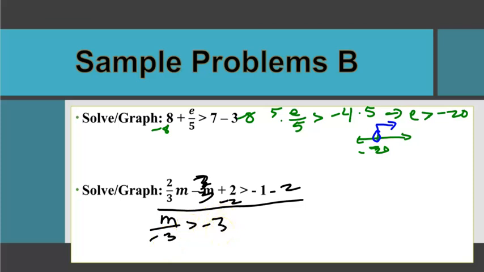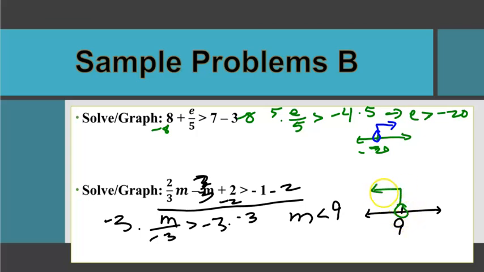Now the opposite of dividing by negative 3 is multiplying by negative 3. I do that on both sides. And because I'm multiplying by a negative number, I need to flip the symbol. So now it's less than. Negative 3 times negative 3 is a positive 9. And then on a number line, got 9 here. Cannot equal 9, so it's an open circle. Less than means goes to the left.